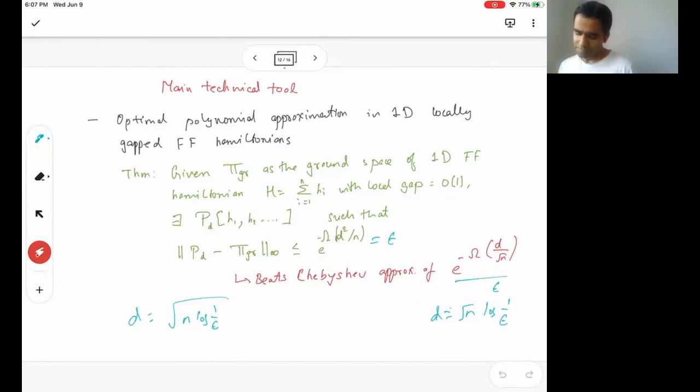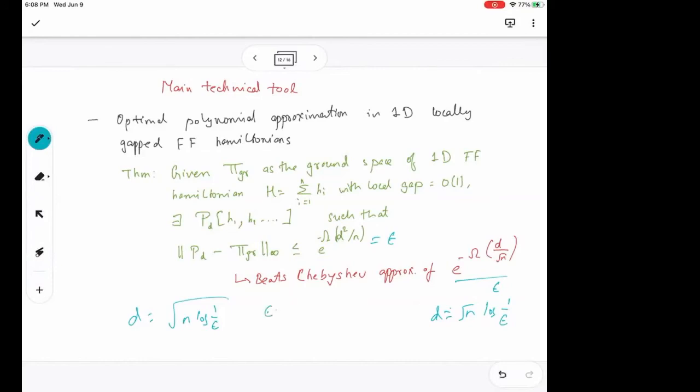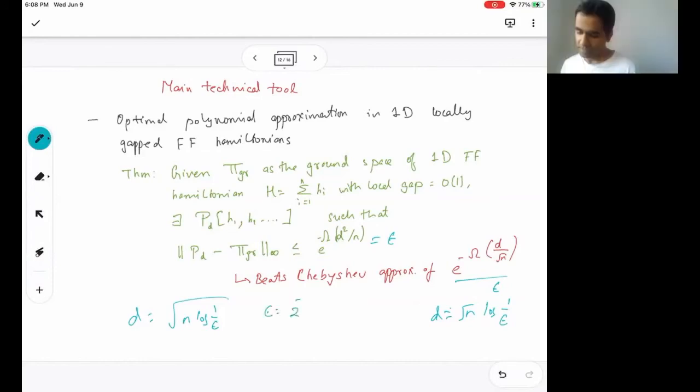So let's look at, for example, let me try to do this here. With this behavior, let's set epsilon to 2 to the minus 1000 n, or maybe let me do it even worse, like 2 to the minus some big number, 10 to the power 4 n or something.